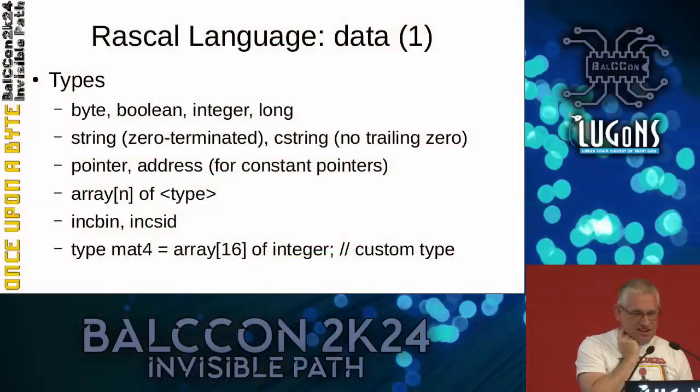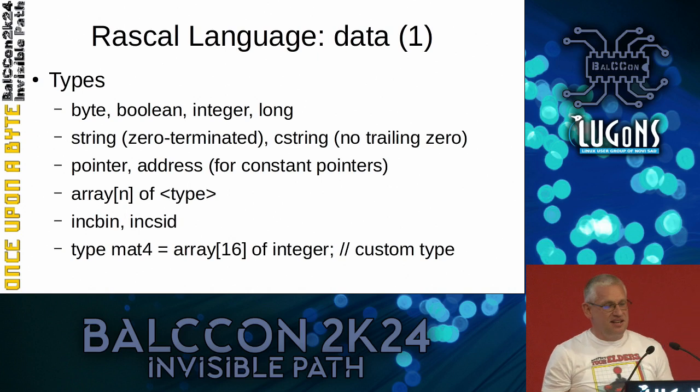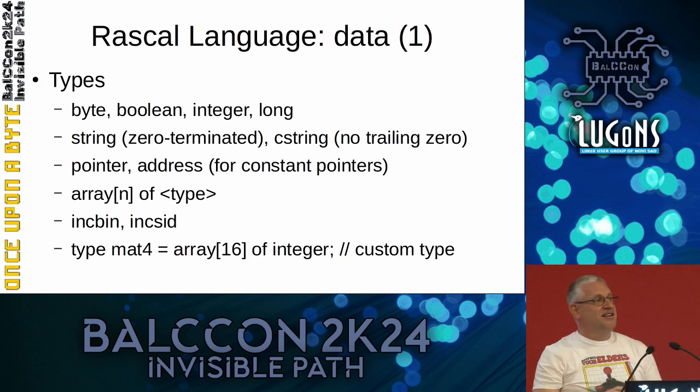I do not intend to go into many details, just a speed walk through the Rascal language. We have the usual types for integers, strings, pointers, addresses. We have support for arrays, and then some special types.